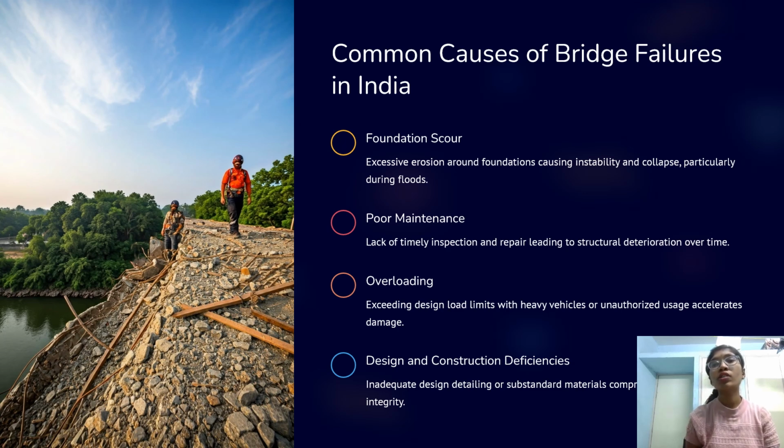The common causes of bridge failure in India: foundation scour, poor maintenance, overloading, and design and construction deficiencies. In foundation scour, excessive erosion around the foundation causes instability and collapse, particularly during floods.